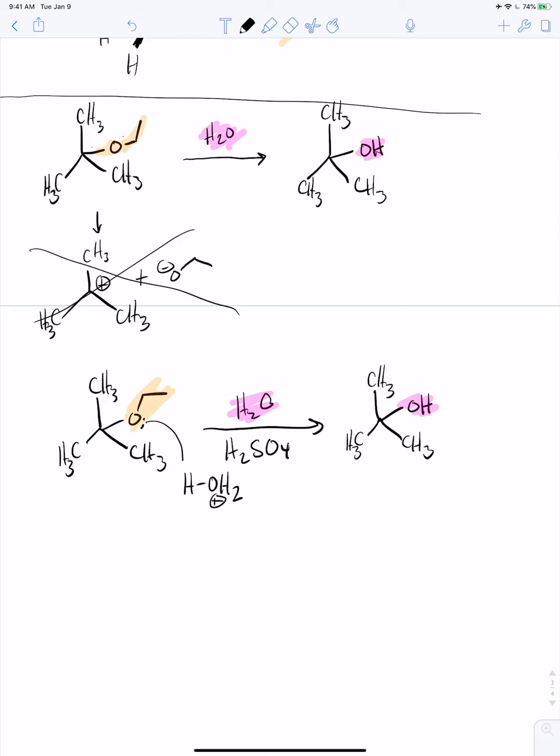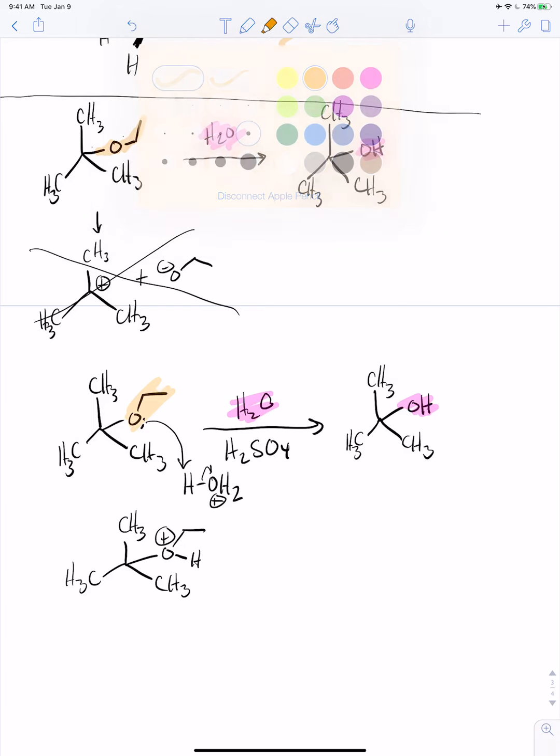Those electrons are going to pull a proton off of hydronium. That protonates this. Now when we look at our leaving group, before, if it left, it would leave as ethoxide, which is basically as strong of a base as hydroxide. But now if it leaves, it just leaves as ethanol. And we know ethanol is a weak base.